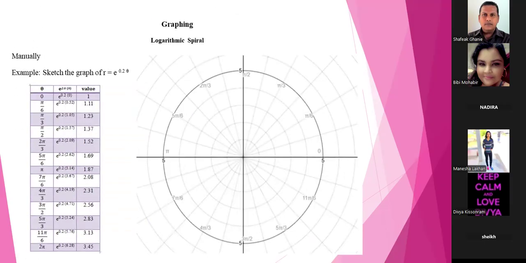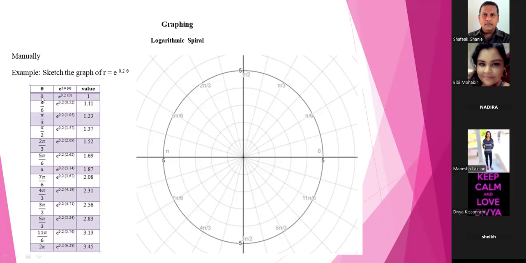Now, if we want to graph it manually, you have to get your table. You'll have theta, then you have your function, which is e to the 0.2 multiplied by theta. In this case, we want to sketch the graph of r equals e to the 0.2 theta. So all you do now is insert your figures into this formula, and you'll get your values for r.